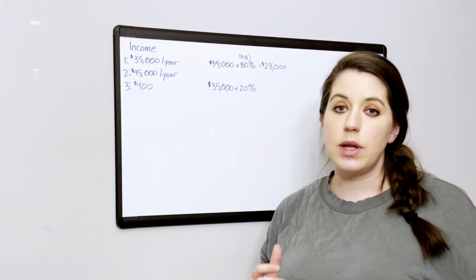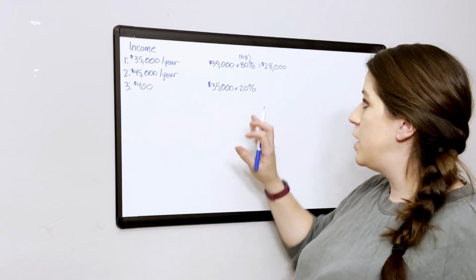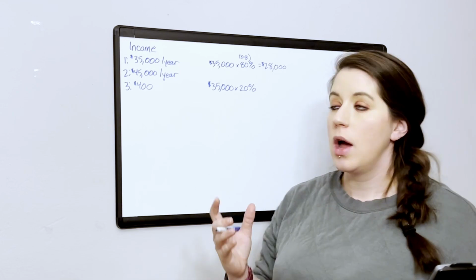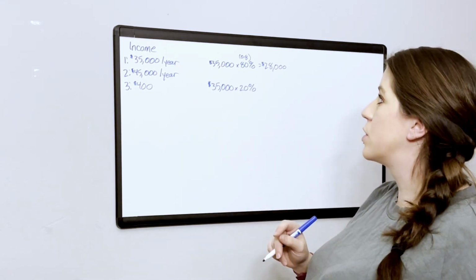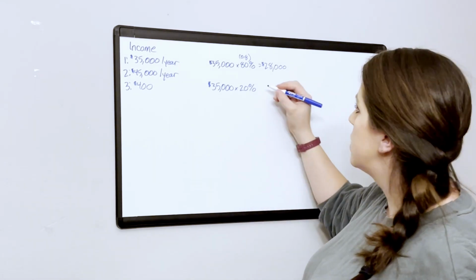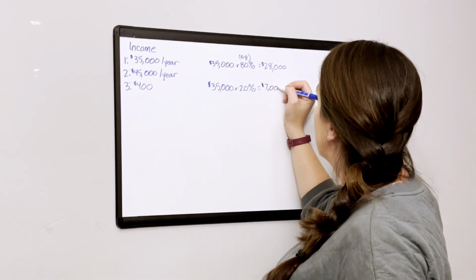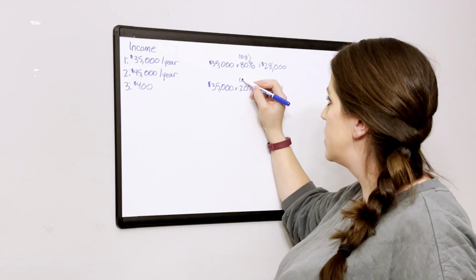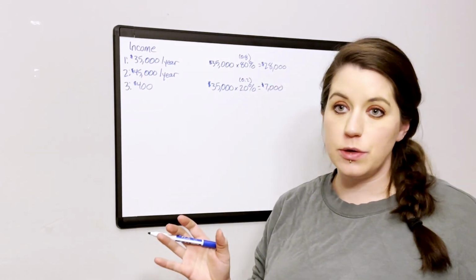The other way to calculate taxes and deductions would be to find out exactly how much the taxes and deductions are by calculating 20% of that. And 20% in decimal format is 0.2.